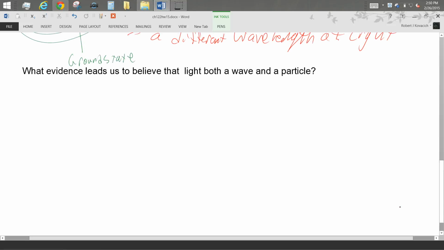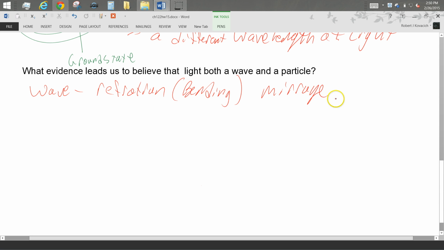Evidence that light is both a wave and a particle. The evidence that light is a wave includes bending of light, mirage, or the shifting of an object underwater.